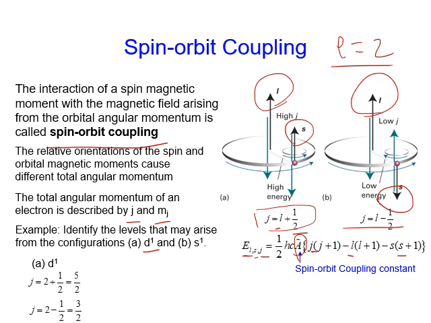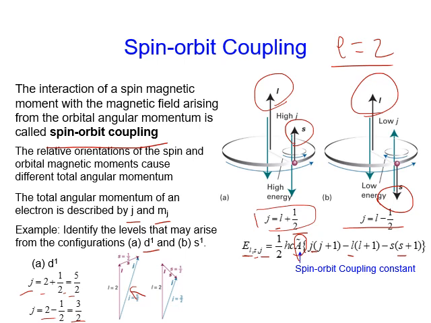So you have two possible orientations. J can be 2 plus half or 2 minus half, and therefore we generate two levels, two different angular momenta, and therefore two different energies. Note that J is calculated by a vector addition.